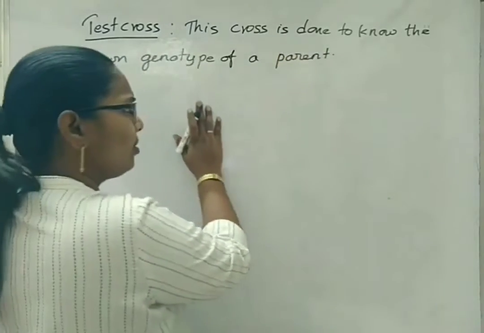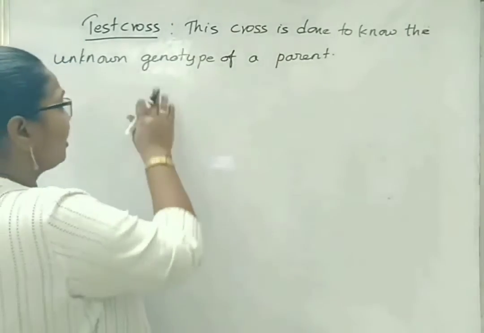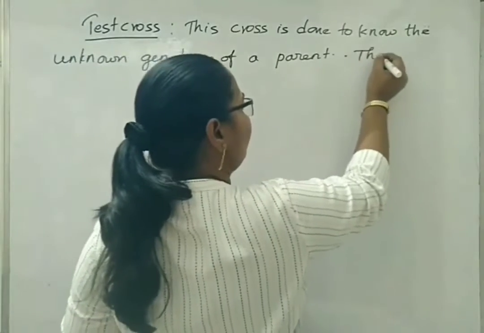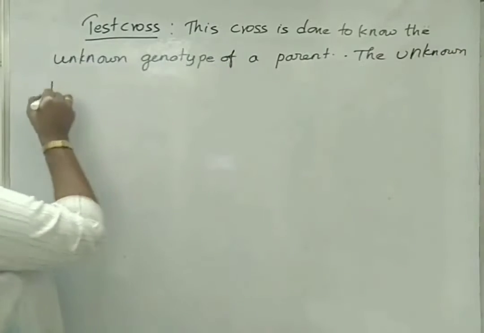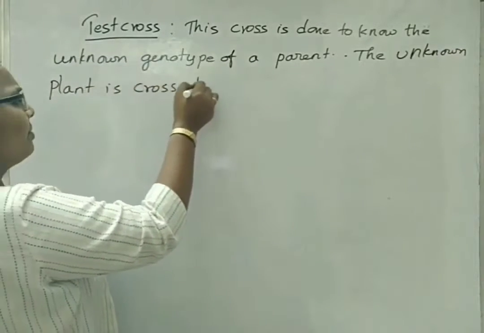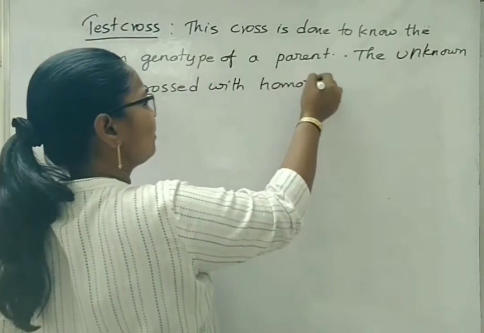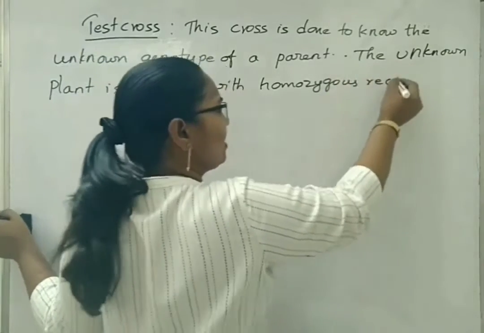To obtain the knowledge of the unknown genotype of the plant or parent, the unknown is crossed with homozygous recessive genotype alleles.